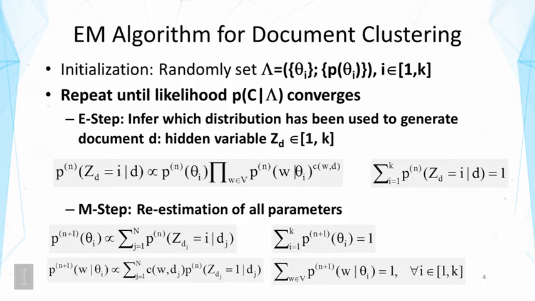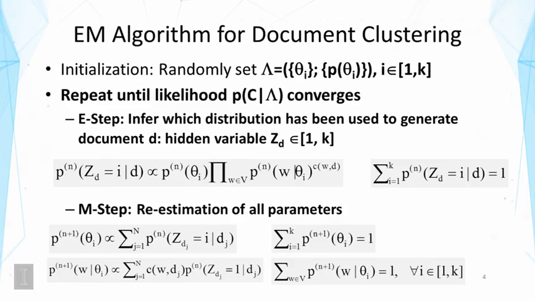And if you know this constraint, then you can easily compute this distribution as long as you know what it is proportional to. Right? So once you compute this product that you see here, then you simply normalize these probabilities to make them sum to 1 over all the topics. So that's the E step. After the E step, we would know which distribution is more likely to have generated this document d, and which is unlikely.